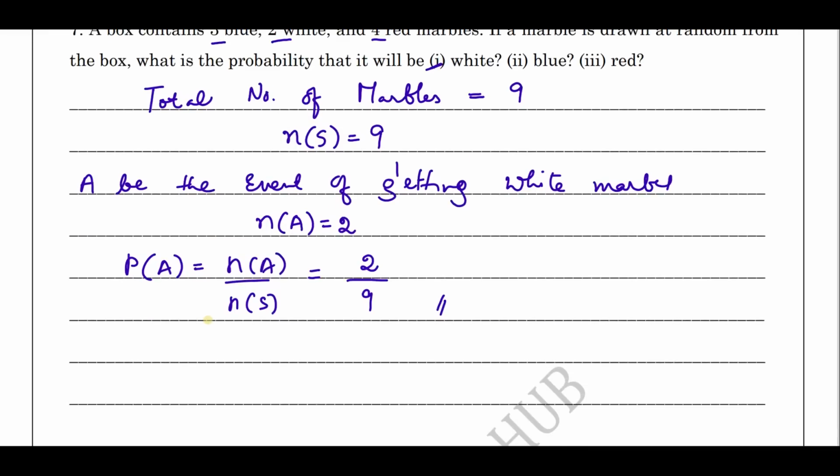In the same way, let B be the event of getting a blue ball. That is P of B equals N of B by N of S. How many blue marbles are there? Blue marbles are 3, so 3 by 9, that is 1 by 3.